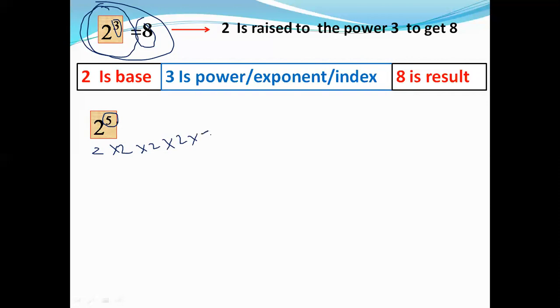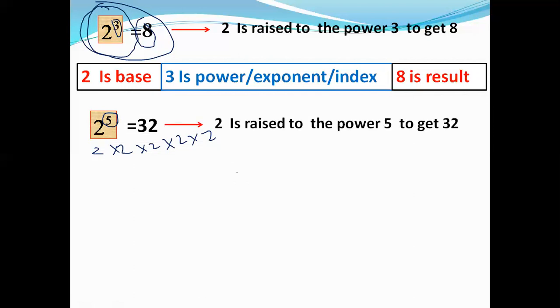Here we have to take 2 5 times and multiply. 2 2s are 4, 4 2s are 8, 8 2s are 16, 16 2s are 32. We get 32. Here 2 is raised to the power 5 to get 32. What is base? 2 is base, 5 is power, and 32 is result.